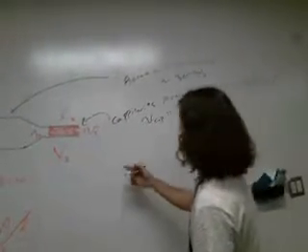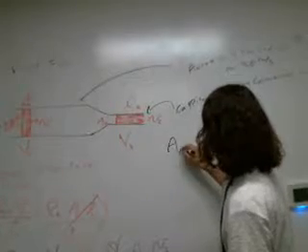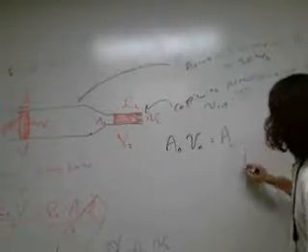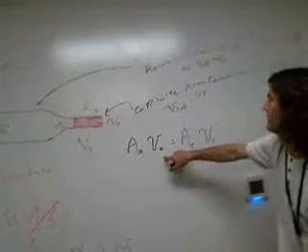So what we'll end up saying is the area of the aorta times the velocity in the aorta is going to be the exact same thing as the area of the capillaries times the velocity in the capillaries. I gave you a radius for the aorta and a velocity for the aorta, so we can put numbers in there.